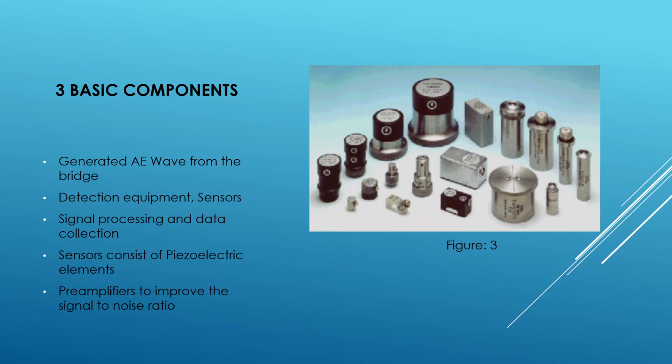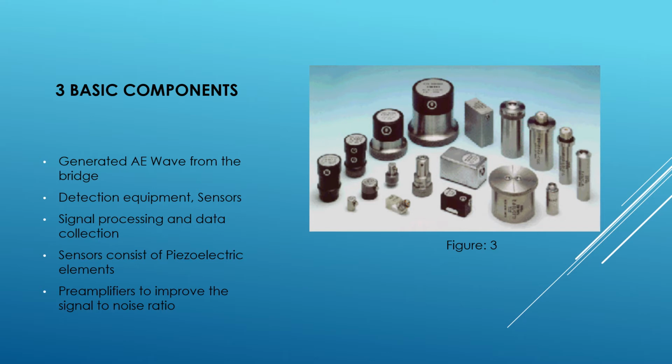Most sensors used for AE consist of piezoelectric elements while undergoing transduction. Their primary function is to detect the transient elastic mechanical waves and convert them to electrical signals so that they can be analyzed.